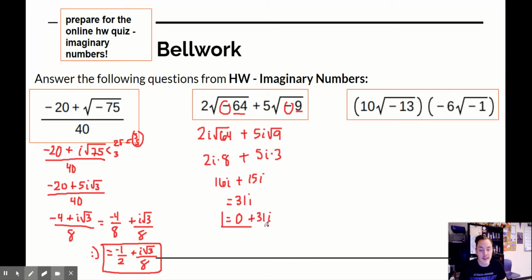I do not know if Math Excel wants you to put it in this form, but I'm almost positive they want you to put it in that form. Okay? Cool. So that's how you do that one.